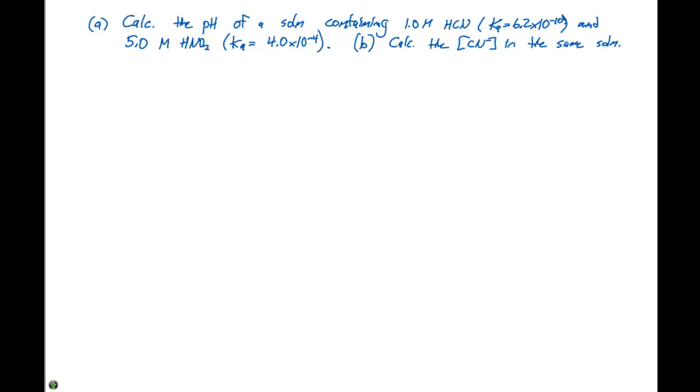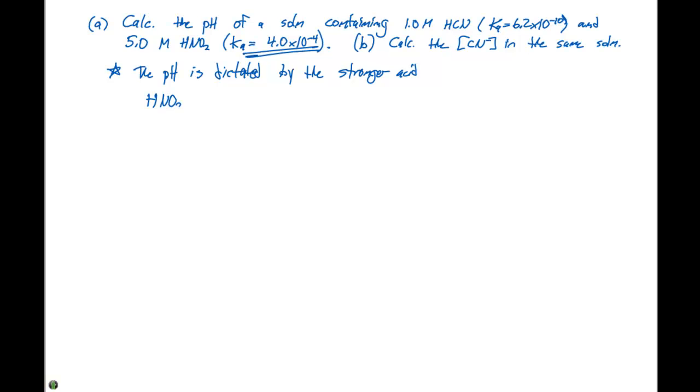So if we're mixing two solutions together, the pH is dictated by the stronger acid. And in this case, our stronger acid is going to be HNO2 because it has a much larger Ka, in this case, 6 orders of magnitude larger.